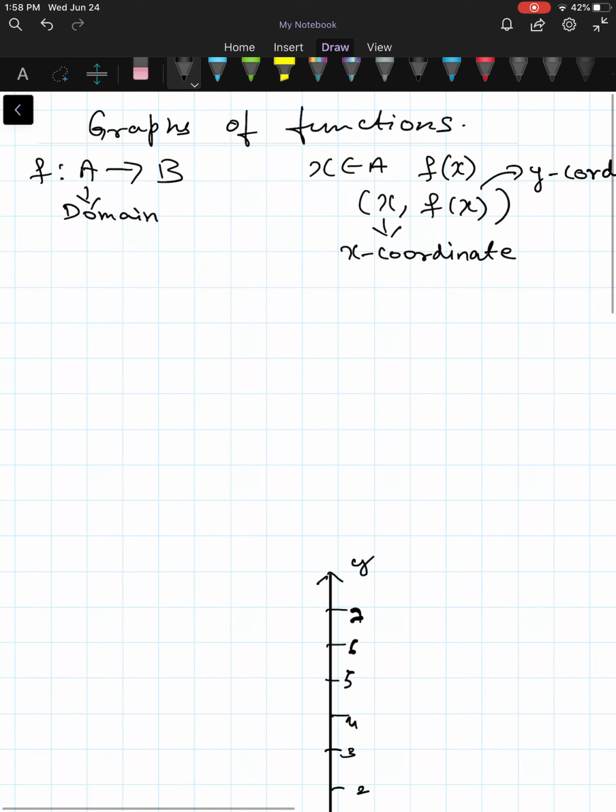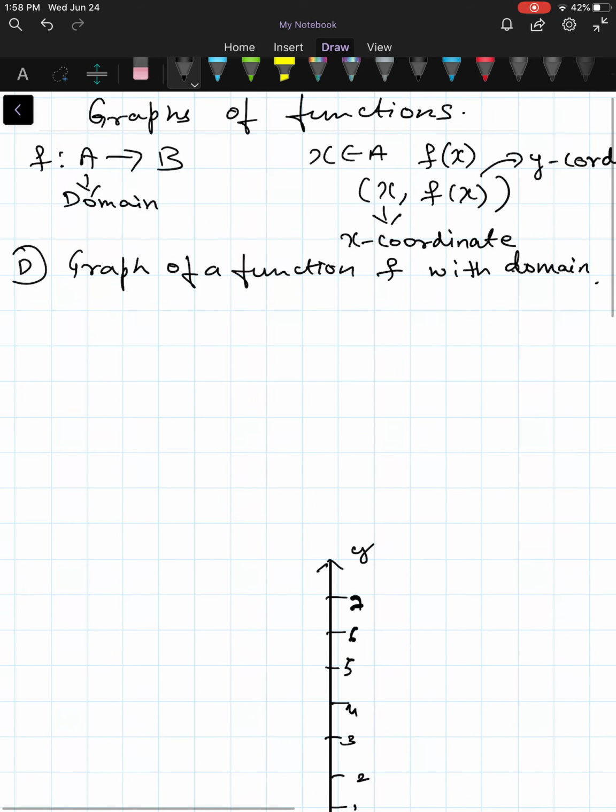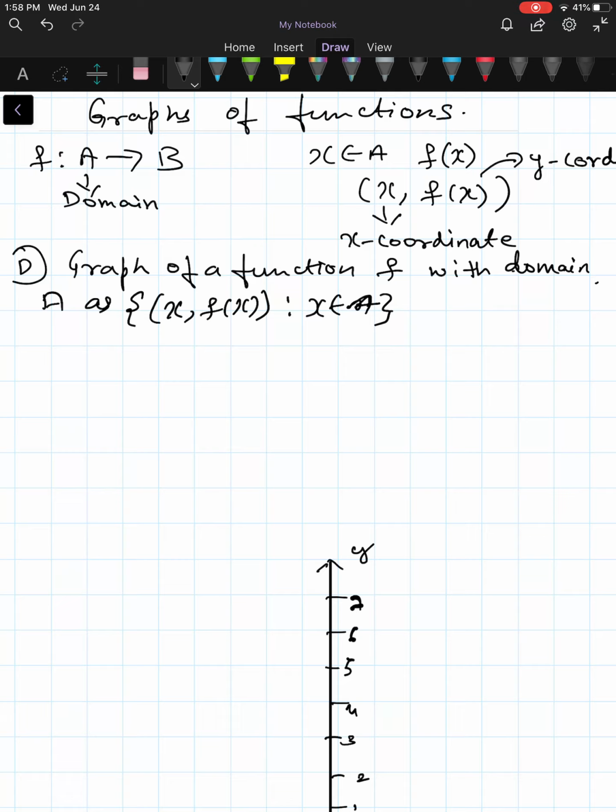So we can define the graph of a function f with domain A as the set of all ordered pairs (x, f of x) such that x belongs to A. If we are asked to write the equation of the graph, that would be y is equal to f of x.